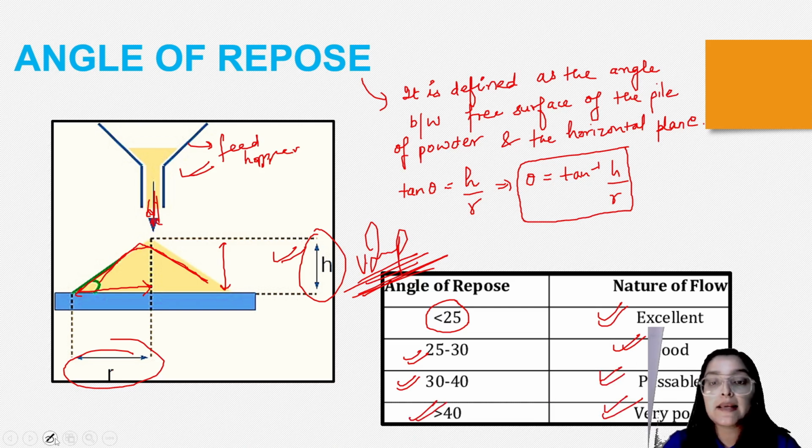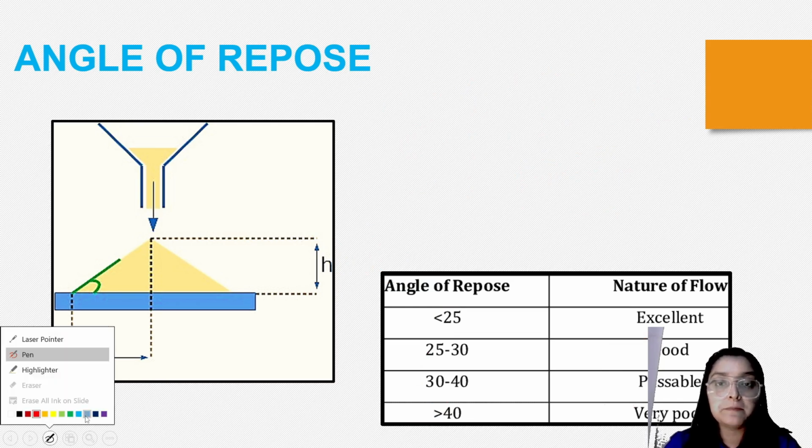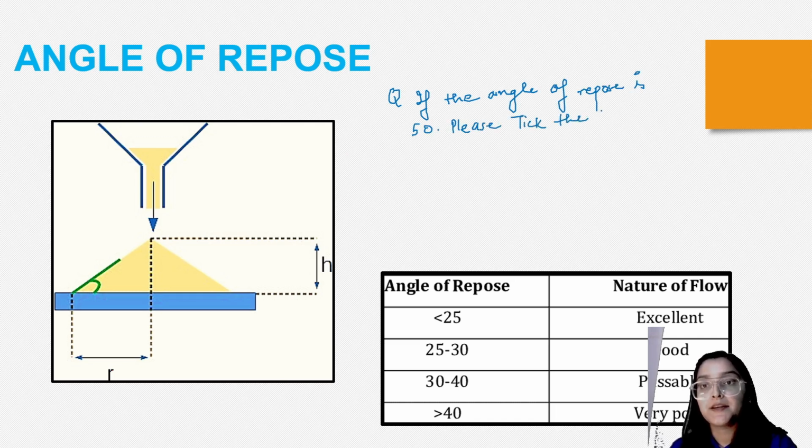Now I'll tell you how a question can arise. I'll write the question here. The question is, if the angle of repose is 50, please tick the nature of flow.